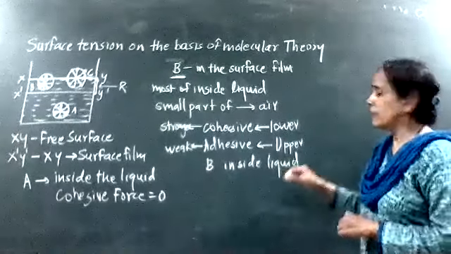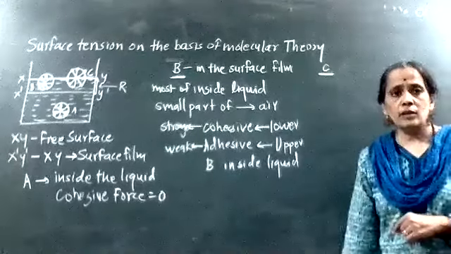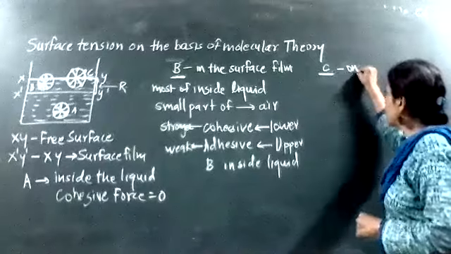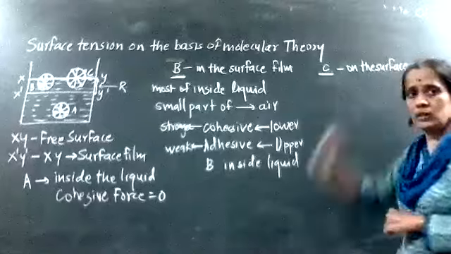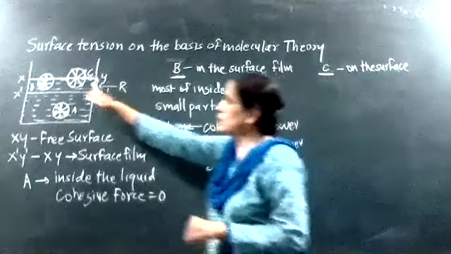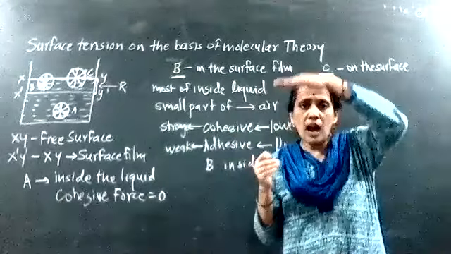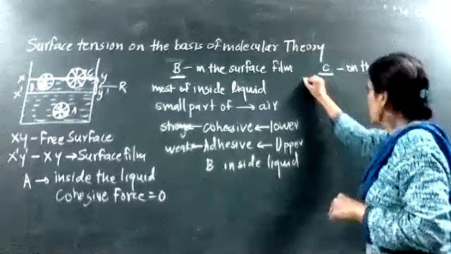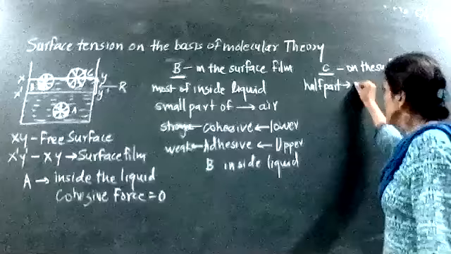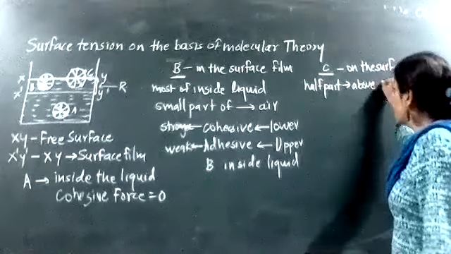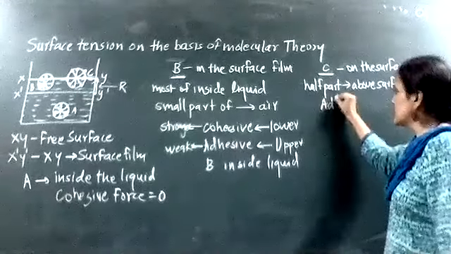Then, now we can think about the C molecule. Now, this C molecule is lying on the surface. So your C molecule is present on the surface. Its sphere of influence, exactly half of the sphere of influence, is above the surface, where adhesive forces are effective.